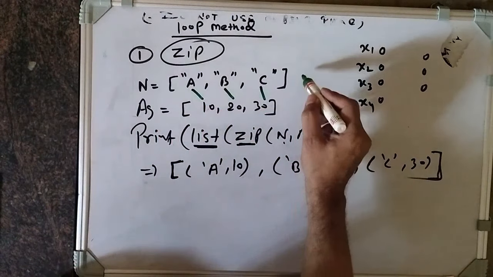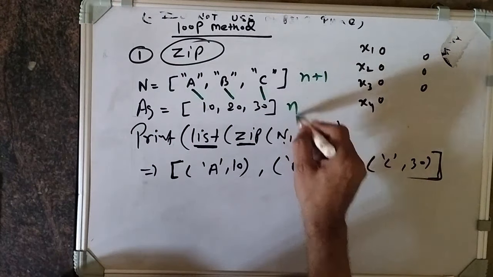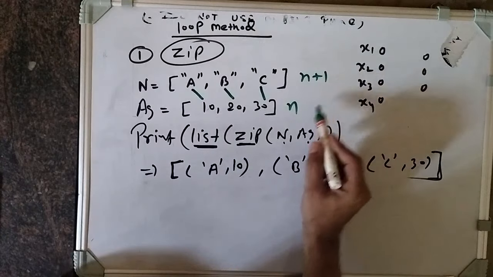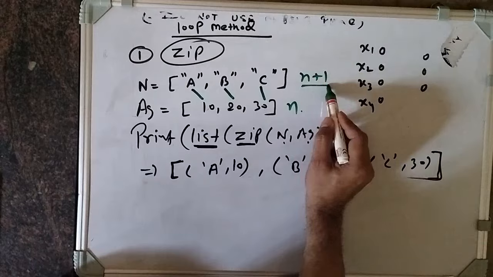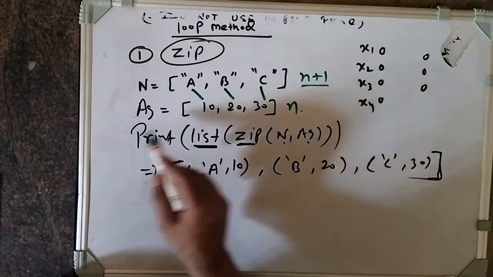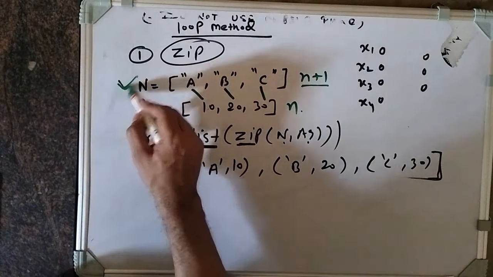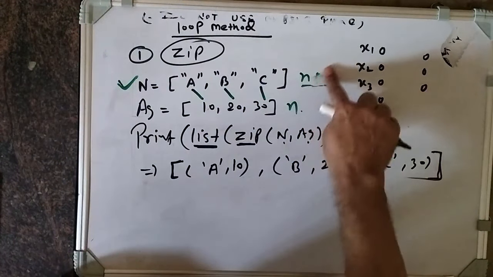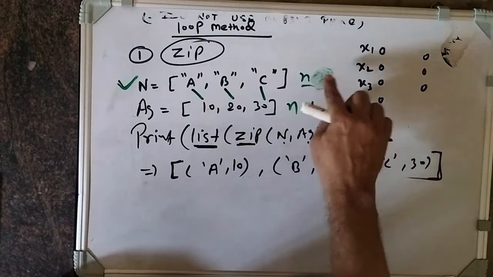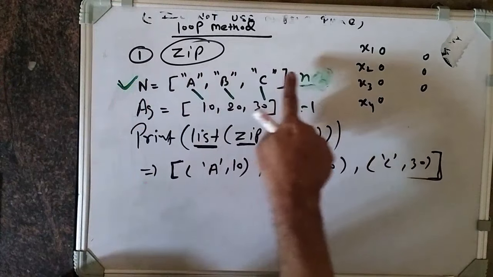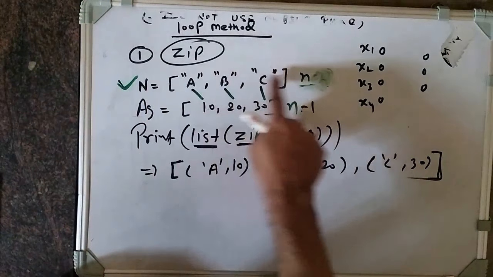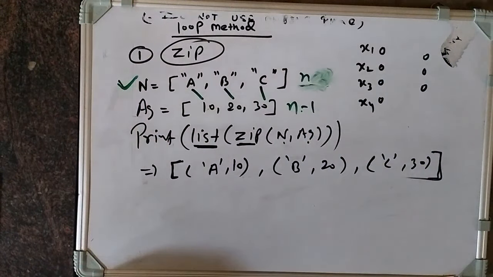Suppose there are n plus 1 elements here and n elements there. It will not display the extra one, because there are only n elements, so the compiler will work only for that many.